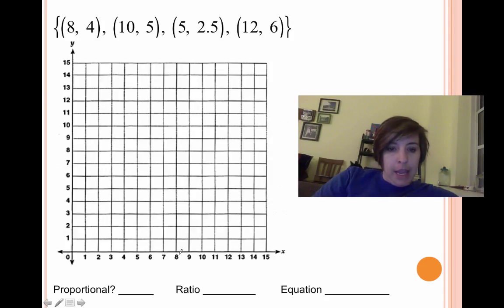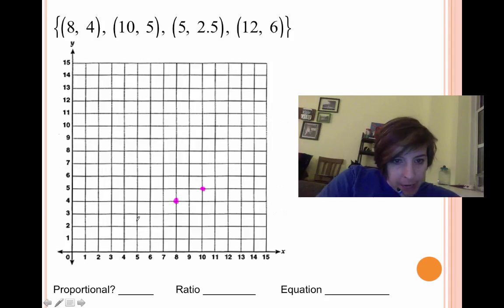So let's start with 8 as our x value and 4 as our y value. Plot that point. 10 as our x, 5 as our y. 5 as our x, 2.5, which is right in here between the 2 and the 3, as the y. 12 is the x, and 6 is the y.